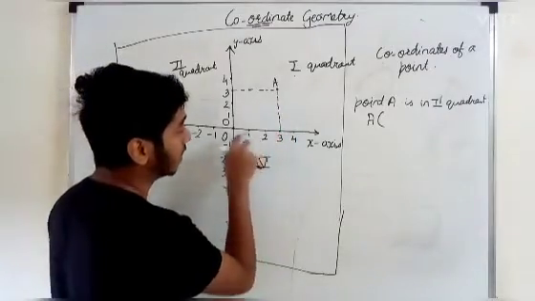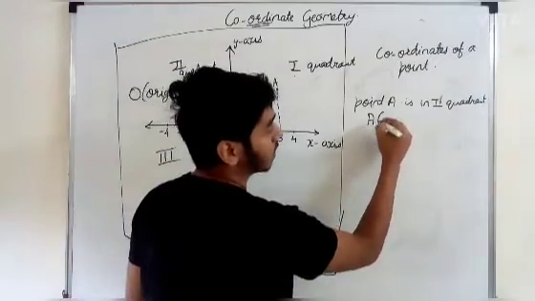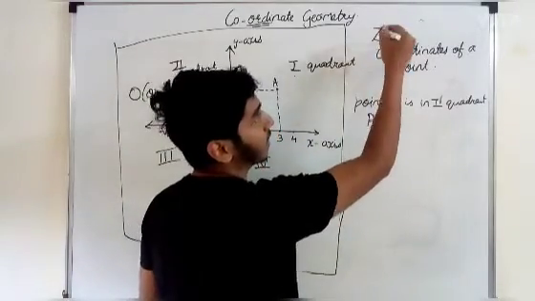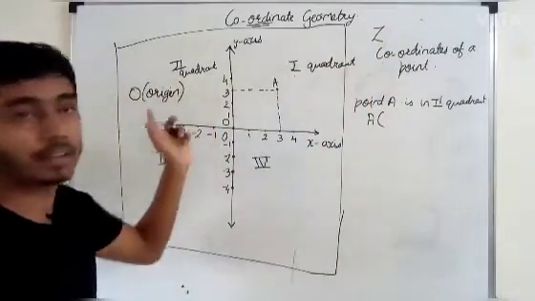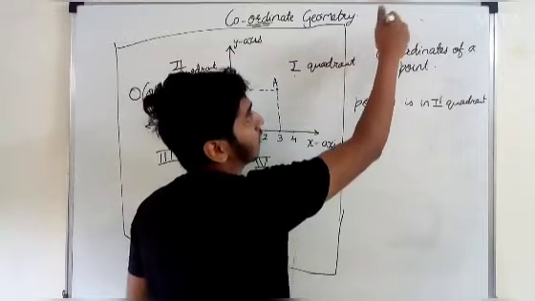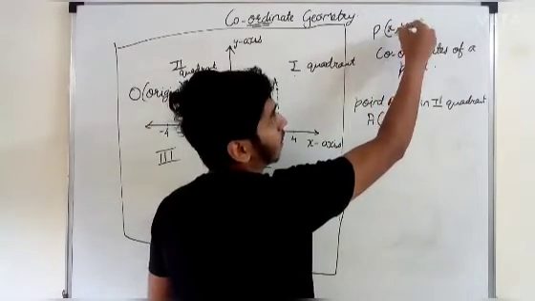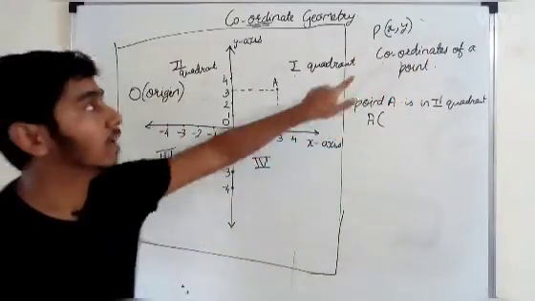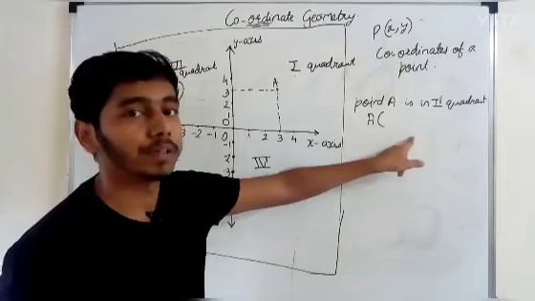It is 3. See, it is written like this always for any point. Let's say you want to find point P, it will be written as x and then y. That means first you write the x coordinate, and then the y coordinate.